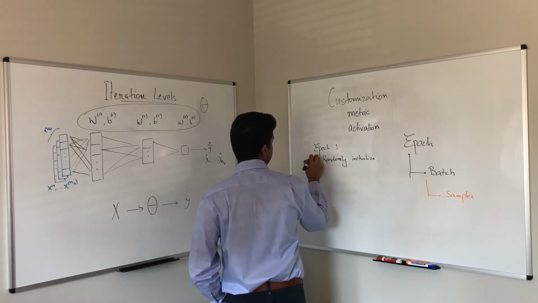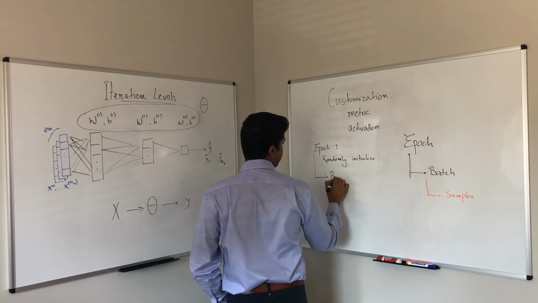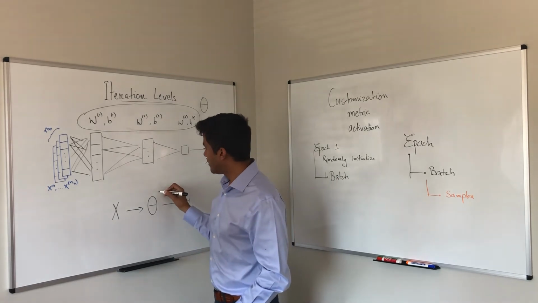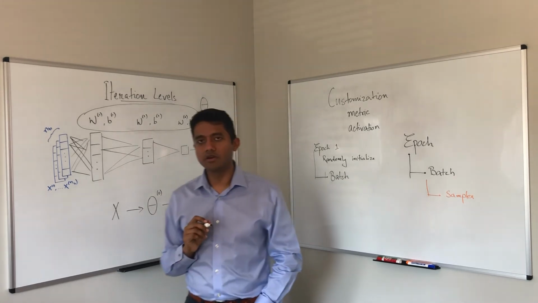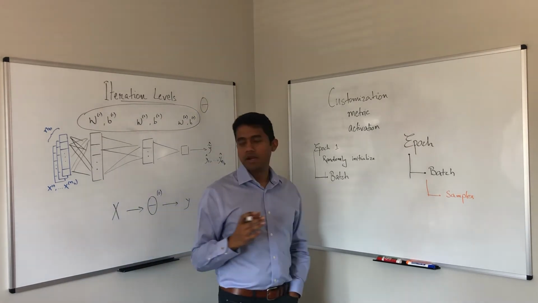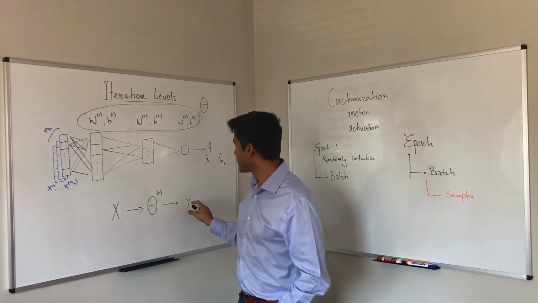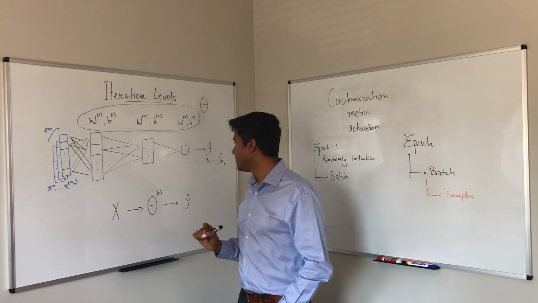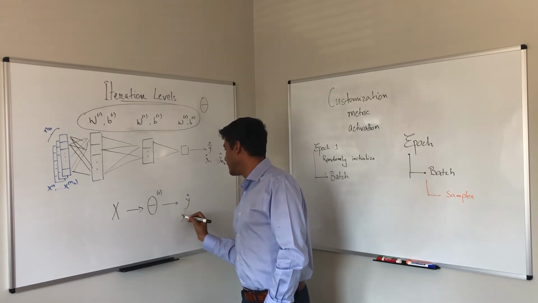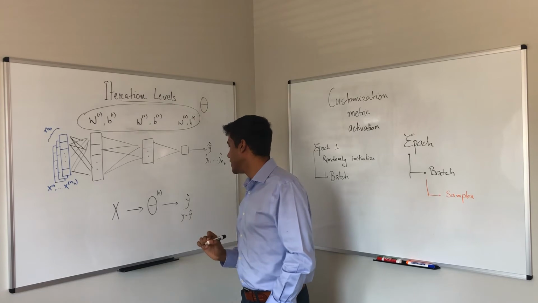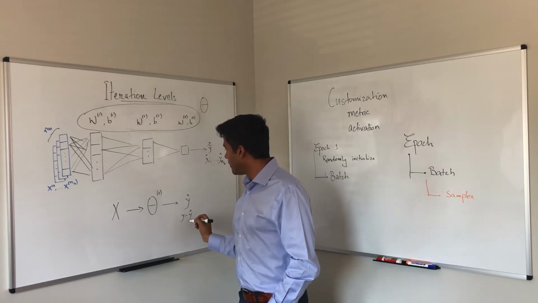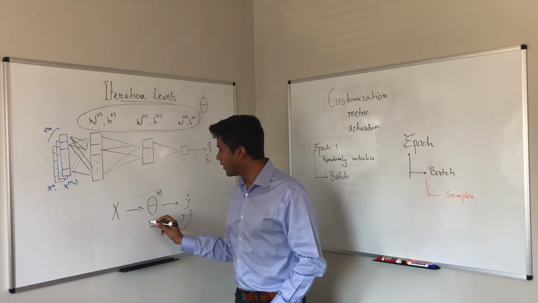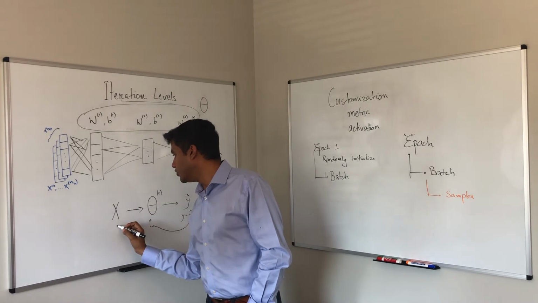So this is my level 1. I initialize theta to theta 0, for example. Then I randomly take a batch and make some predictions, y hat. These predictions are going to give me some error. This error will be backpropagated into the model, and a new batch will be taken in.